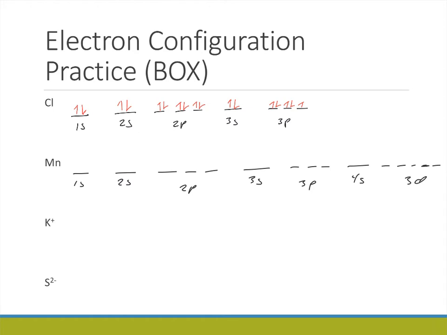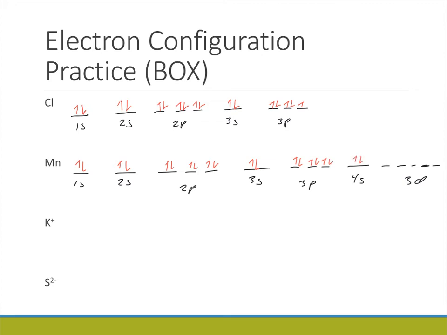So we have 25 electrons in this. We start off, spin up, spin down. Then we hit the 2p's, and it's spin up, spin up, spin up. Then down, down, down. The 3s, up, down. The 3p's, up, up, up. Then down, down, down. The 4s, up, down.